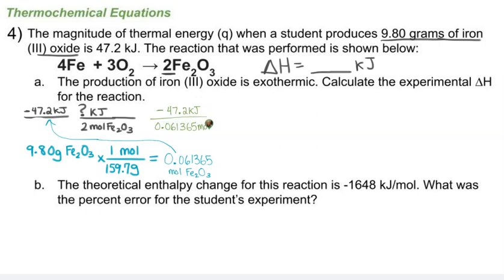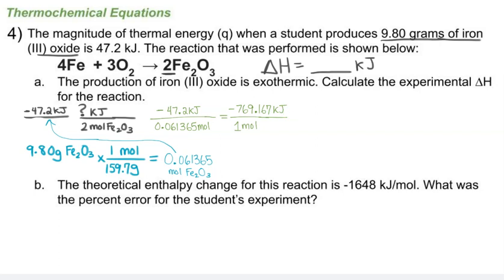Essentially we're simplifying this to get the number of kilojoules per 1 mole. I'm going to use the exact number of moles from my calculator, and when we do that, I got negative 769.167 kilojoules per 1 mole. That's our number of kilojoules per mole.